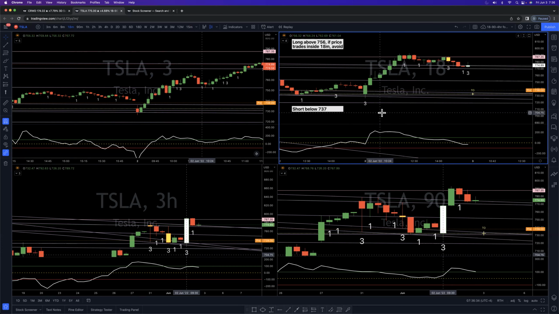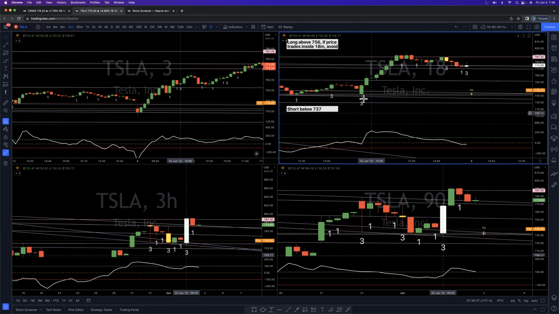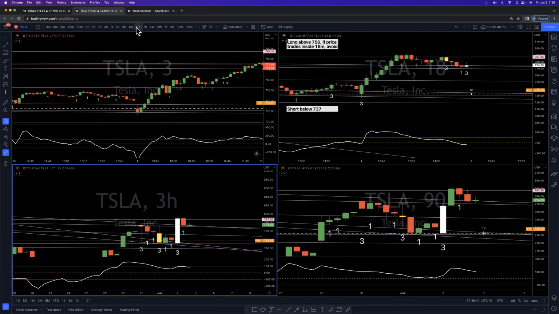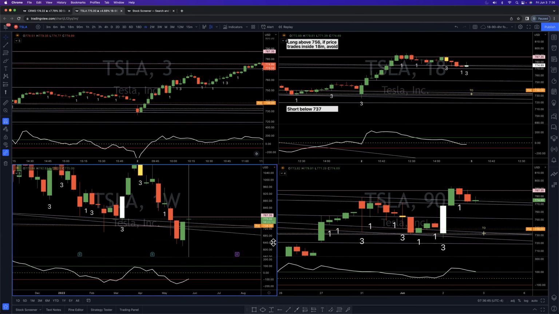You are going against full timeframe continuity, but you were certainly in timeframe continuity. When you look at this on the daily and the weekly, you were good. It flipped on the weekly at around 773.84. That was the open, right? Yeah, 773.84. So that was about here in this range.